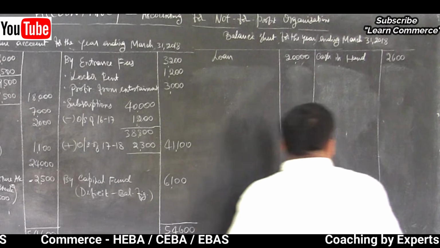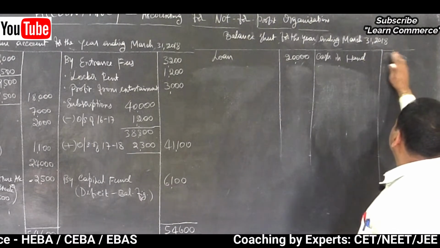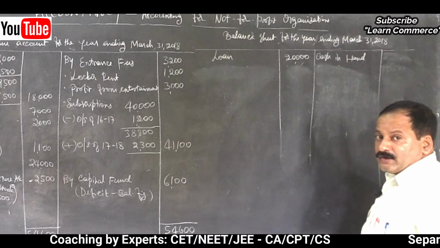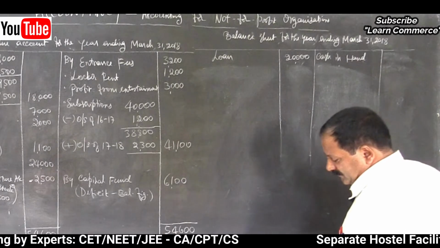Now let us start. Cash in hand. Cash in hand amount is given. Closing balance of receipts and payments account. Refer this. 4,000.